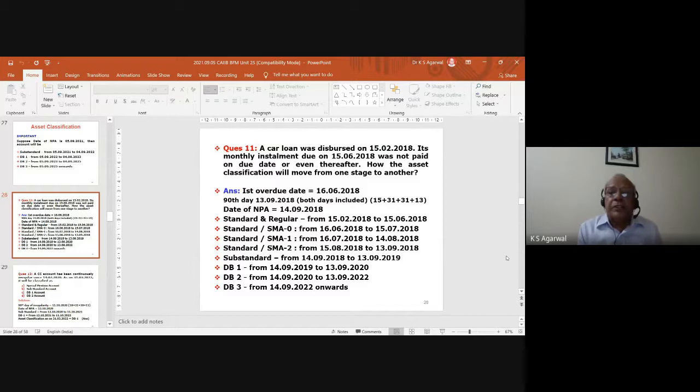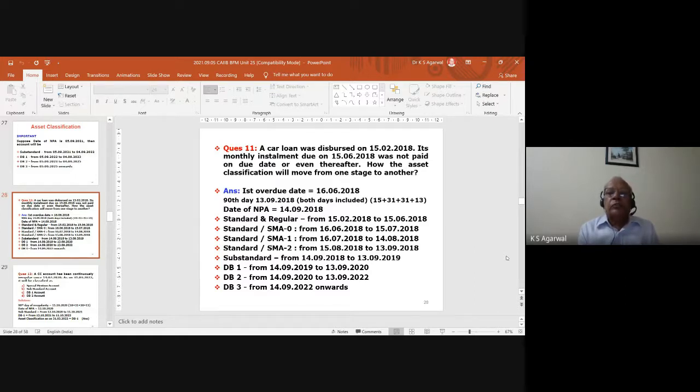A car loan was disbursed on 15th February 2018. Its monthly installment due on 15th June 2018 was not paid on due date or even thereafter. How will the asset classification move from one stage to another? So first let us calculate the NPA date.